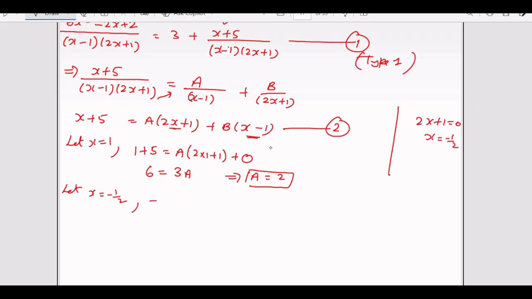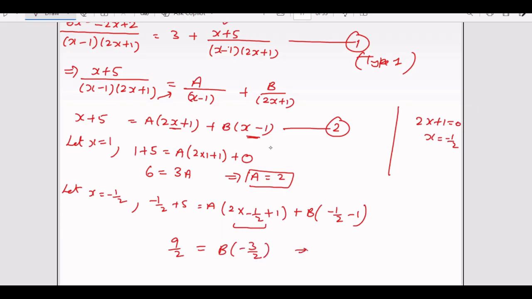So then we have minus 1 over 2 plus 5 equals A into 2 times minus 1 over 2 plus 1, plus B into minus 1 over 2 minus 1, from equation number 2. Basically this first term is going to become 0. So we have 9 over 2 equals B into negative 3 over 2. So this gives us the value of B as negative 3, right?